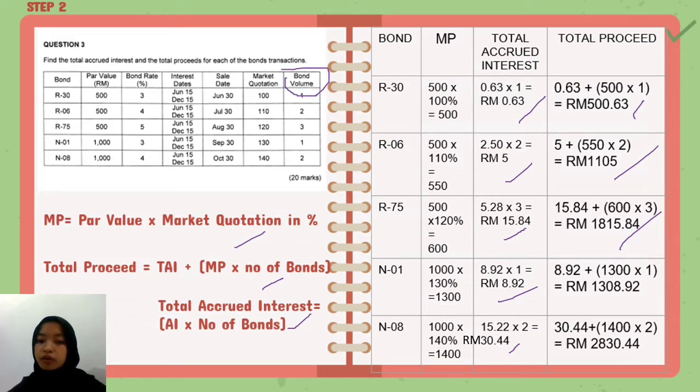Bond N01, 1308 ringgit 92 sen. Followed by 2830 ringgit 44 sen for bond N08. So we get the total accrued interest and total proceed for each of the bond transactions.